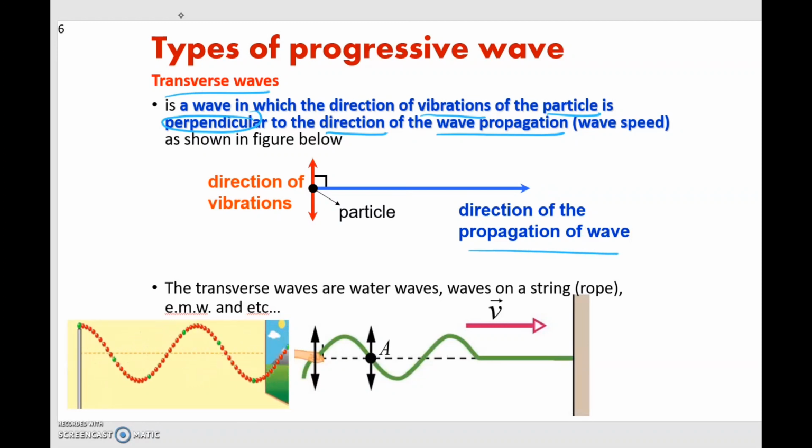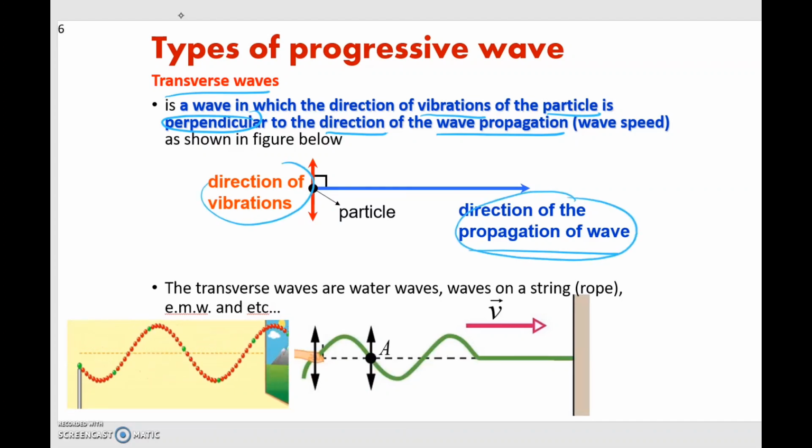So we can say here that the direction of particle vibration and the direction of wave propagation is perpendicular to each other. The examples of transverse wave are water wave, wave on string, and electromagnetic wave.